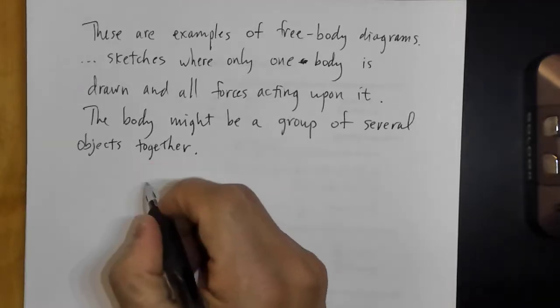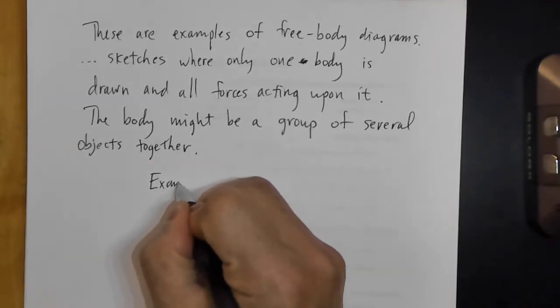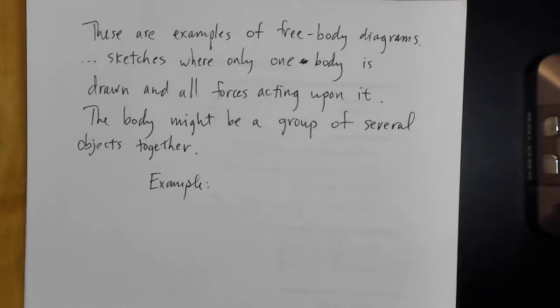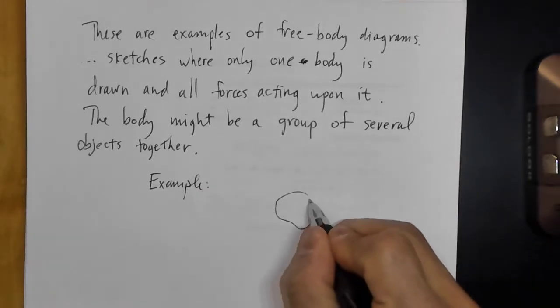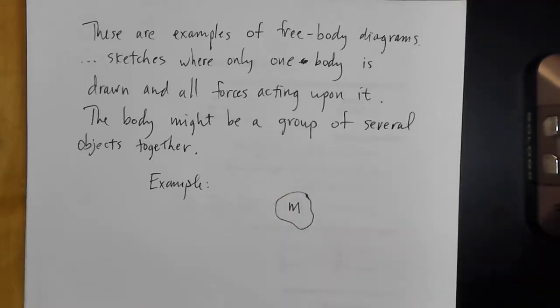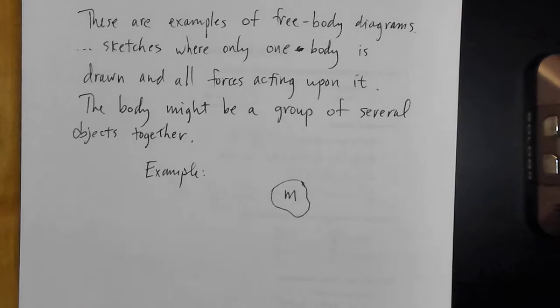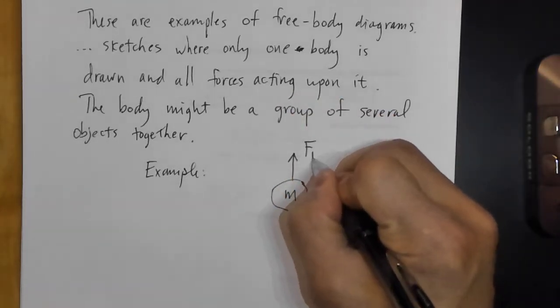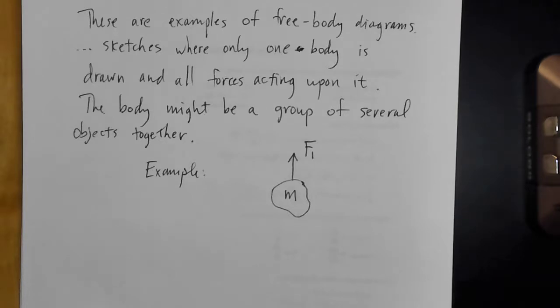All right, so an example, a prototype example, maybe with more than one force now acting on an object. Suppose I have an object that has some weird shape like this, and it has a mass m. And let's suppose there are two forces acting on it. We have a force going up like this, F1, okay?